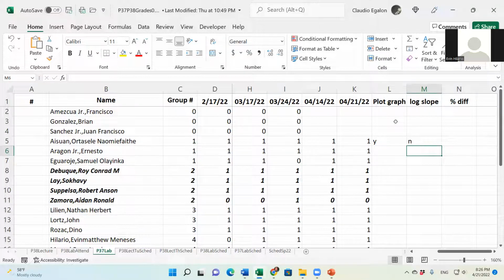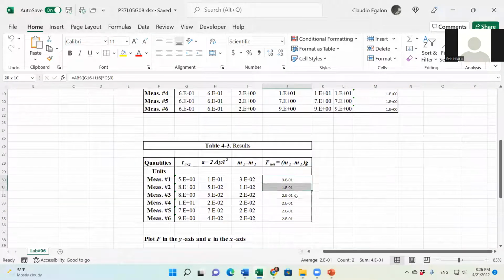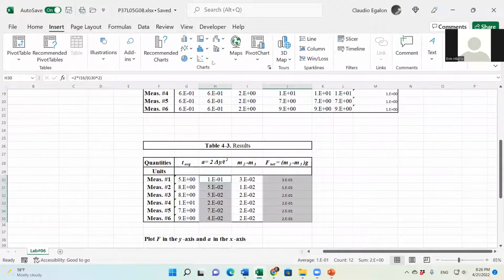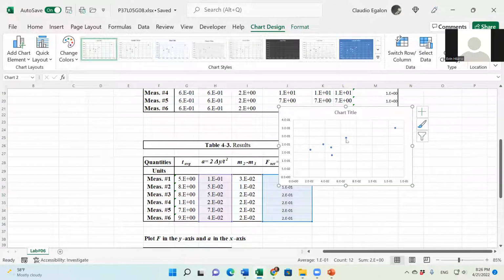Could we actually go over that again, please? You want me to tell you how to get the regression equation? Yes, please. Okay, so here you go. Force, acceleration, right? Insert, chart, scatter. Now, click one of the data points. Everything should be highlighted.